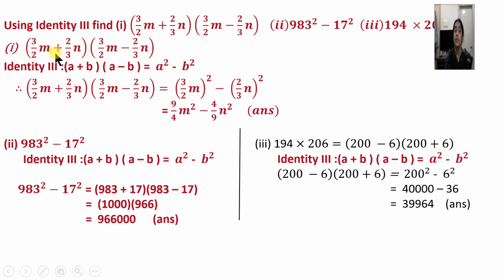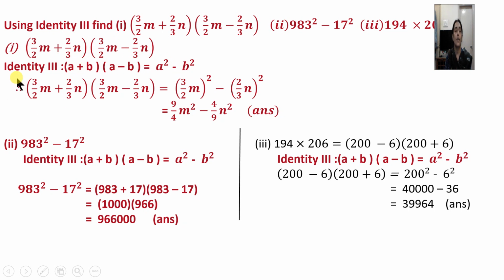One is positive, one is negative. When such binomials are given to you, you will use identity 3: a plus b into a minus b is directly a square minus b square. That means whichever is the first term, square of that minus the second term square.